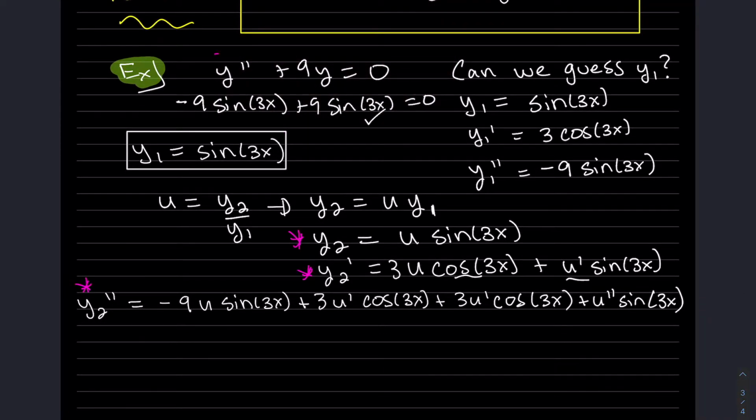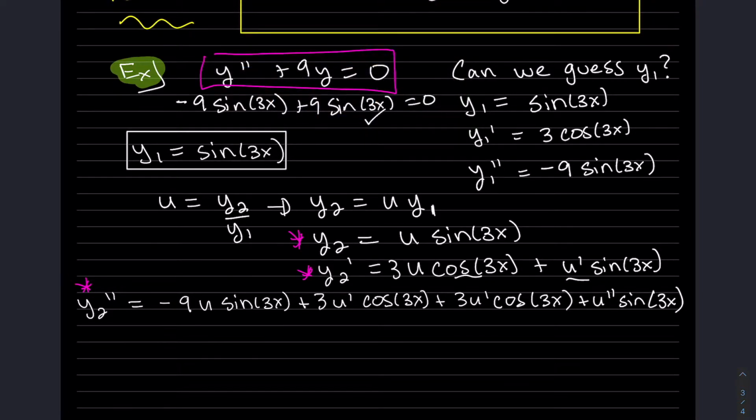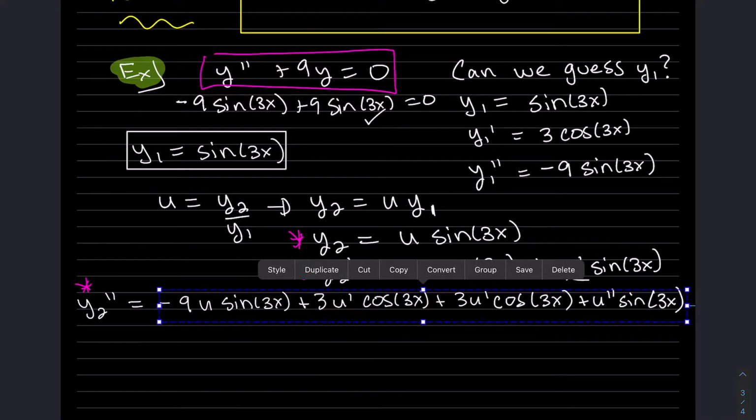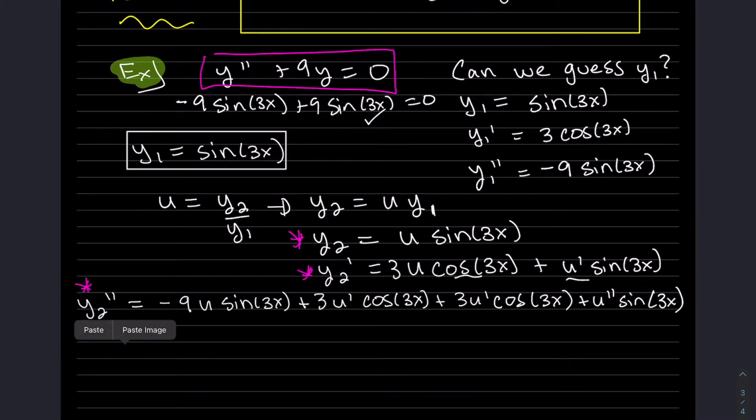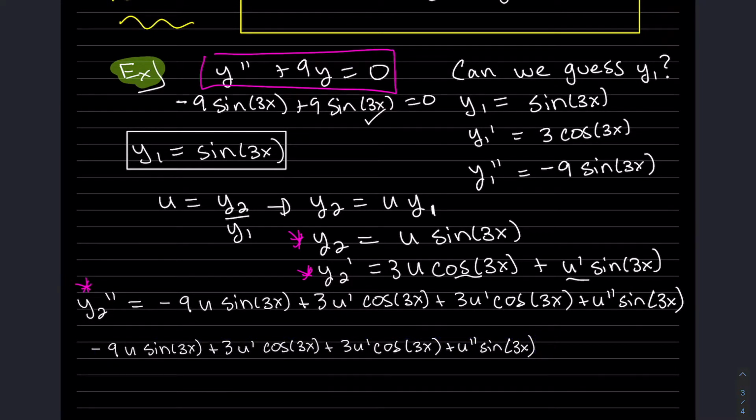So we're going to plug it into here. Our first term is all of this. I think I'll just copy it, that way you don't make any mistakes. Copy. Plus 9 times y.